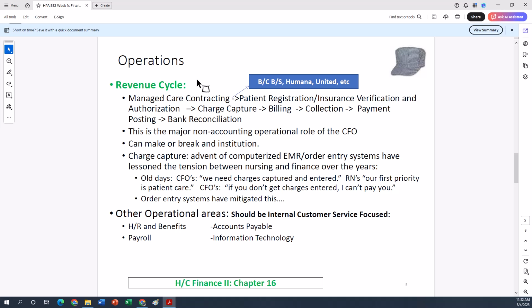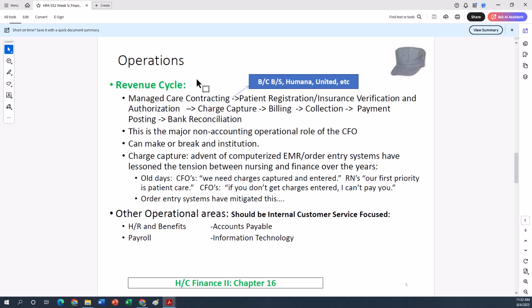Accounts payable, paying the bills. IT, yes and no, it depends on the organization. Before EMRs, when IT was mostly focused on revenue cycle and billing systems, it tended to go to the CFO. Now with EMRs, it often goes to the chief operating officer. So that's been a shift.